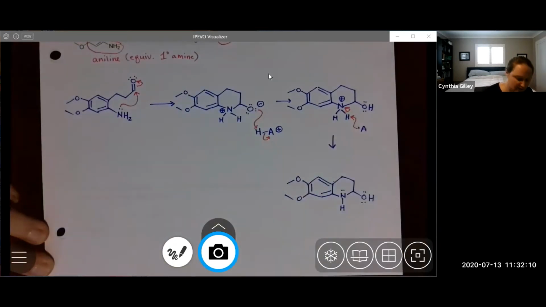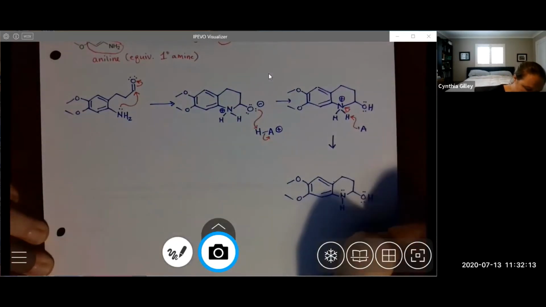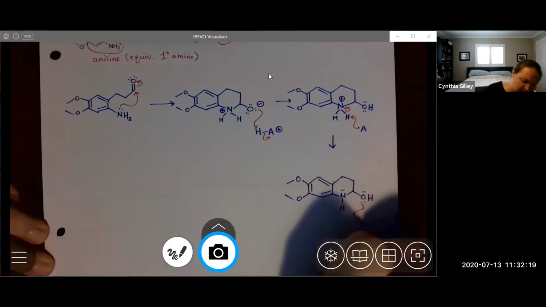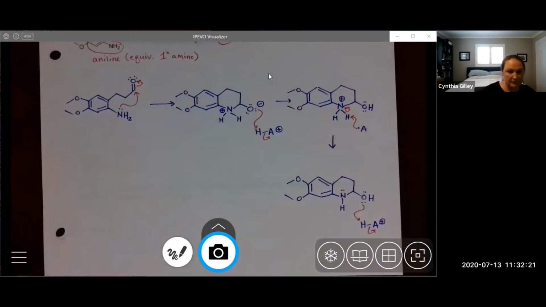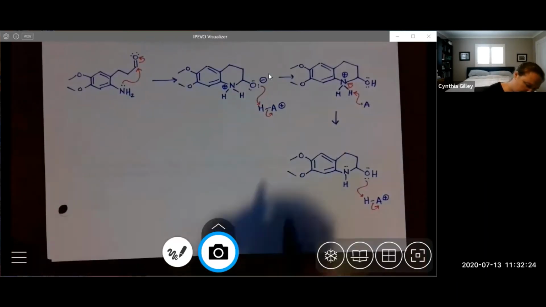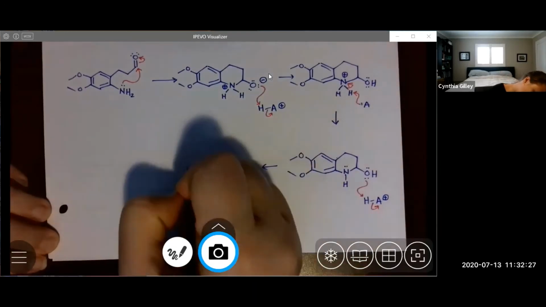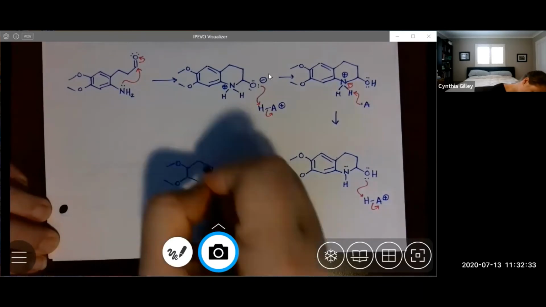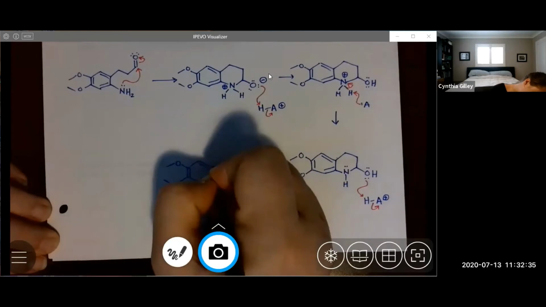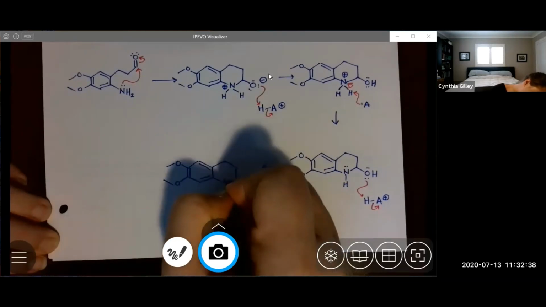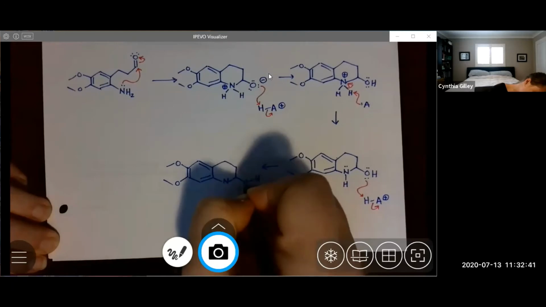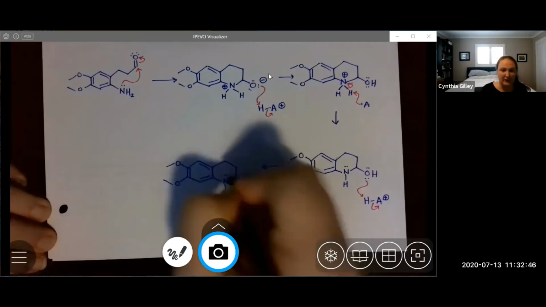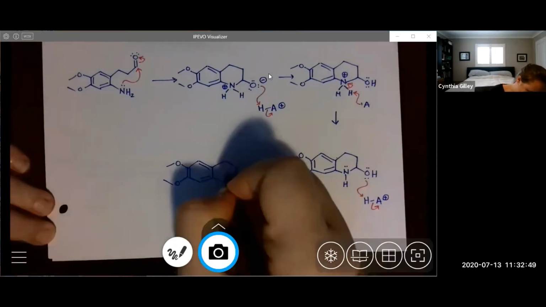Now that I've removed the extra proton on the nitrogen, I go ahead and add it to the oxygen to make a good leaving group. Now that it's a good leaving group, we can go ahead and kick it out.